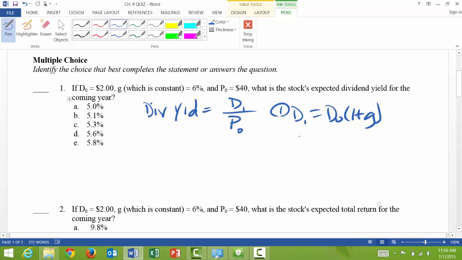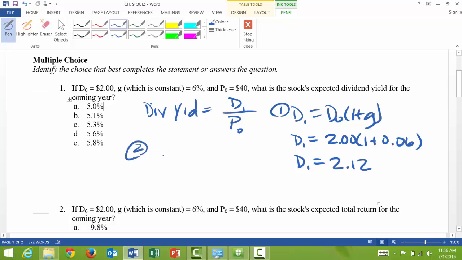In this case, D1 is equal to D0, $2, times 1 plus the growth rate, which is 6%. And that gives us D1 is equal to $2.12.